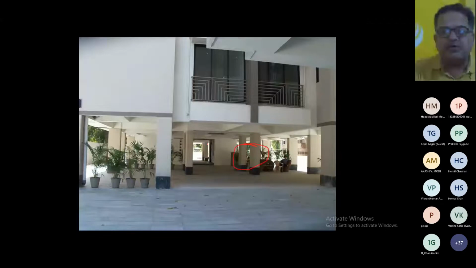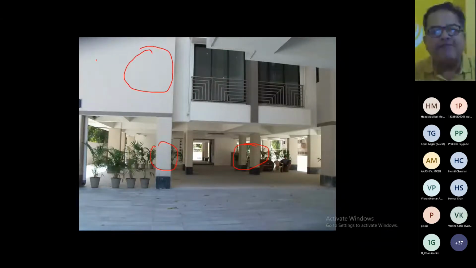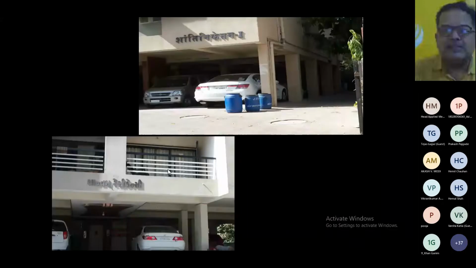So you have columns here, but you have a column plus wall on the upper side. So the upper part is very stiff, and this is flexible, right? So the whole structure actually behaves as an inverted pendulum, right?